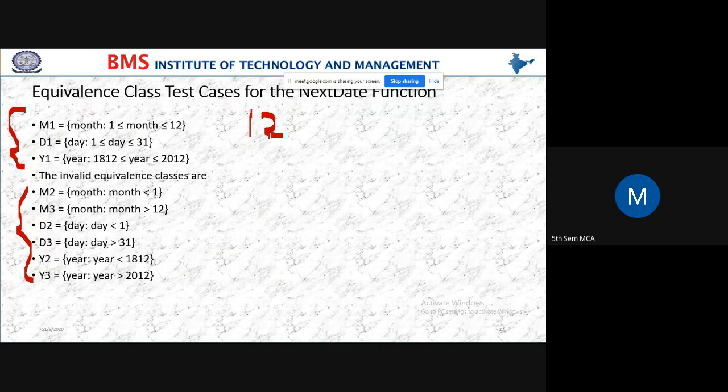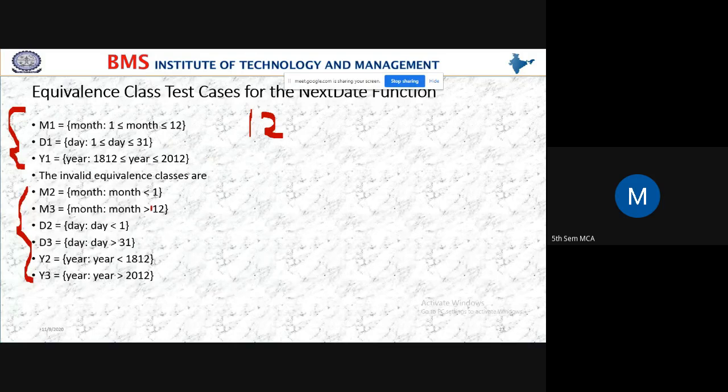So the range is 1 to 12, and the value may be different values in between. The month may be 6, 7 or 10, but it should not be greater than 12. The day value is 1 to 31, and the year value is 1812 to 2012. This is a valid subset.